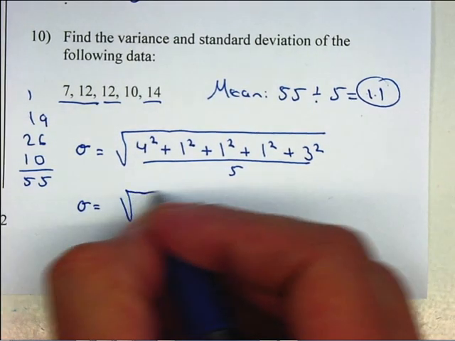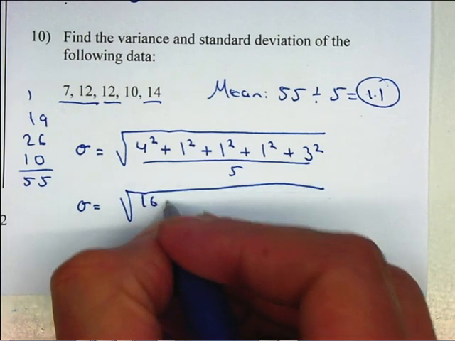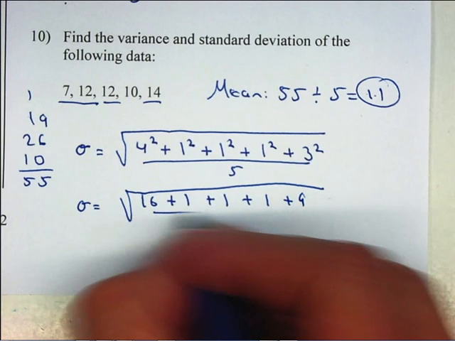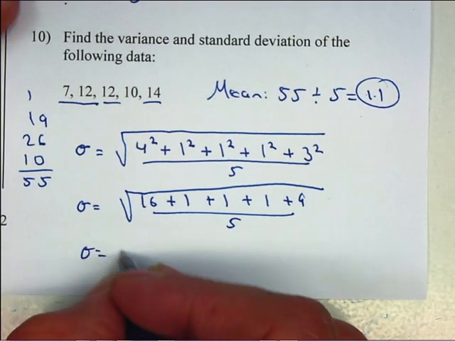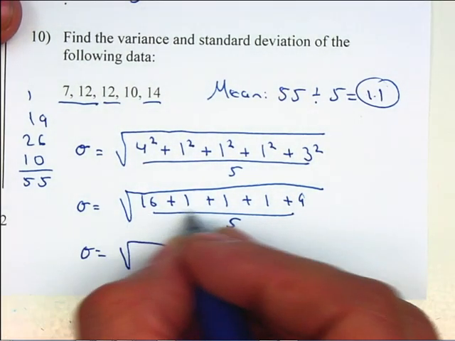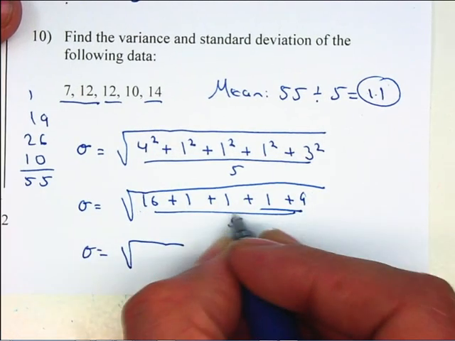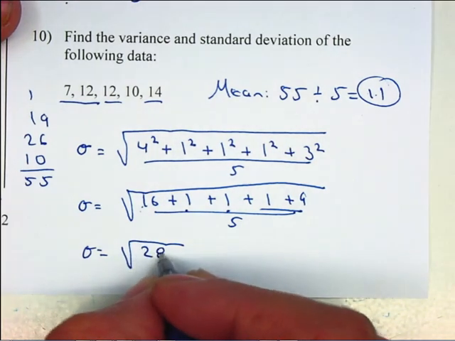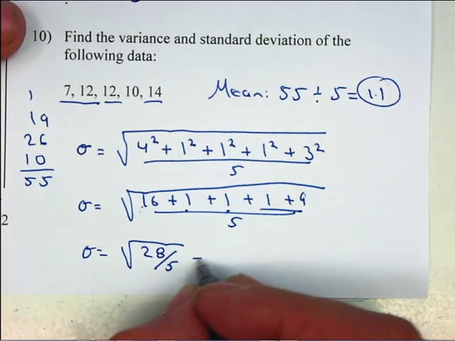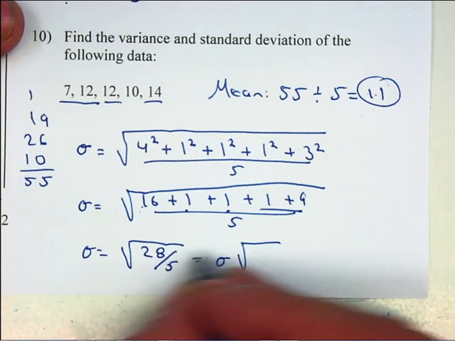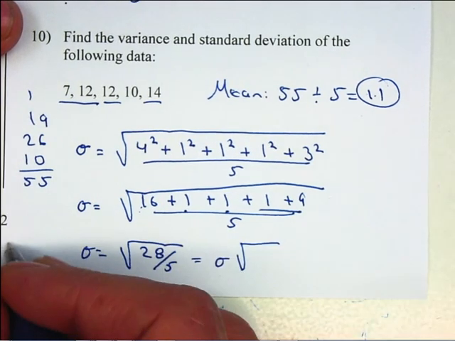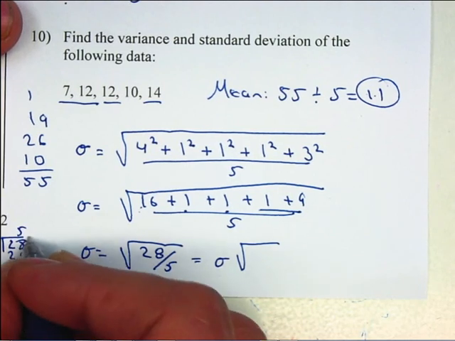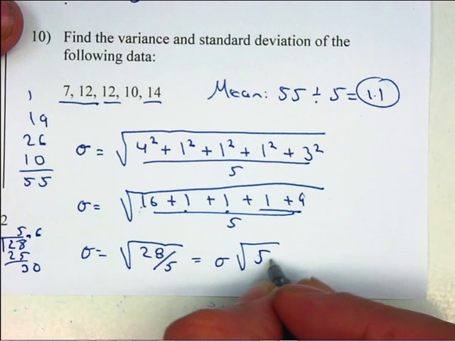So it will be 16 plus 1 plus 1 plus 1 plus 9, divided by 5. 16, 17, 18, 19, and 9 gives me 28 divided by 5. You just do the long division. 5.6.